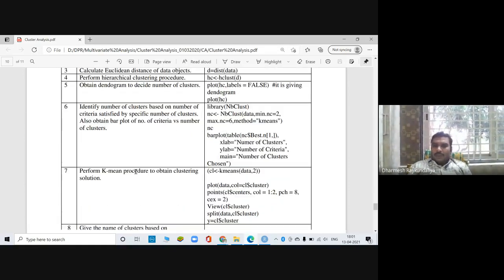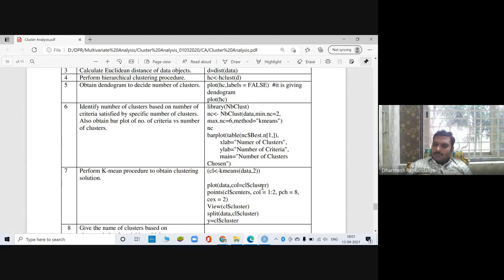Once the number of clusters is identified, you have to perform the non-hierarchical clustering, which is known as the k-means procedure. The command name is kmeans. You have to supply your original data, and then give the number of clusters obtained from this. By default, the method is the centroid method. Then you can make the plot of this. So you have the data and you have the clusters. In CL, I have stored the entire solution.